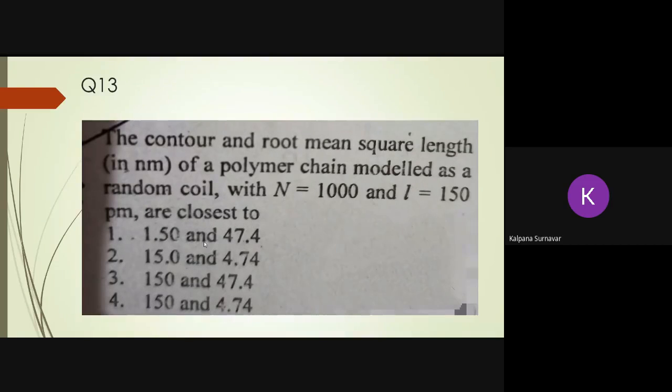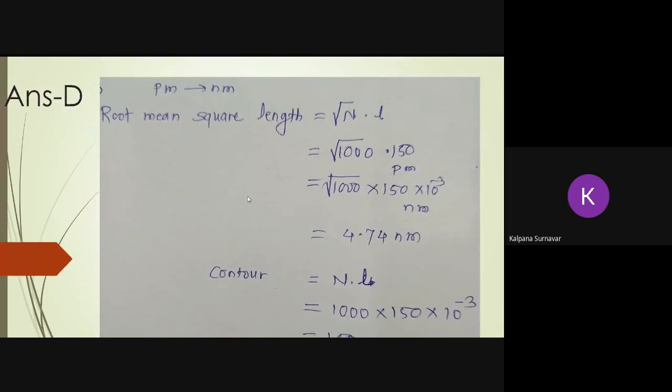See how to find out the contour and the root mean square length of a polymer. Here, the equation of the root mean square length is given, which is equal to square root of N into L. We know the value of N and L. Just put the values here: square root of 1000, 1000 is the value of N, into L value 150.